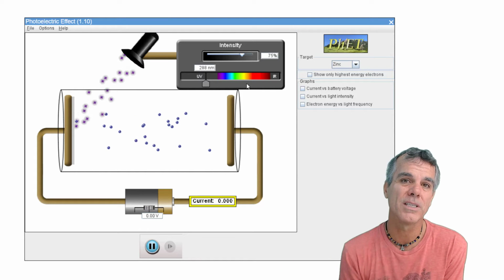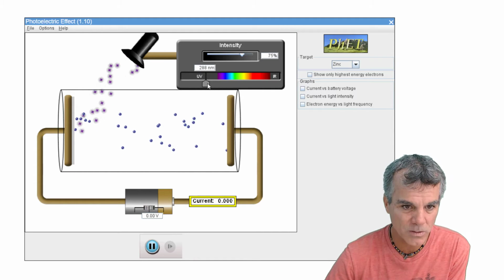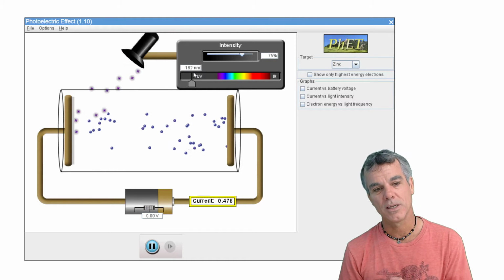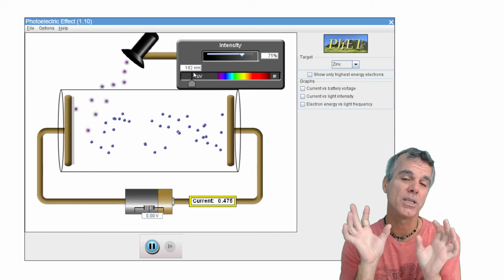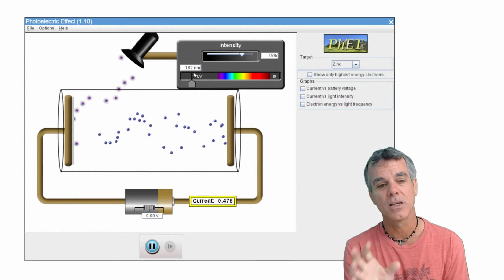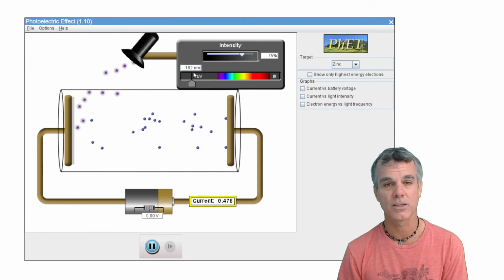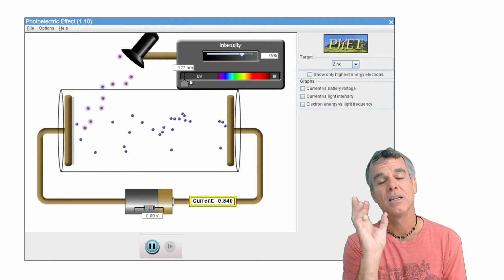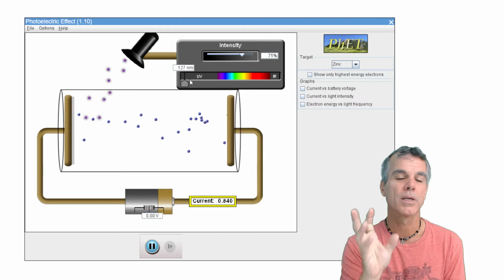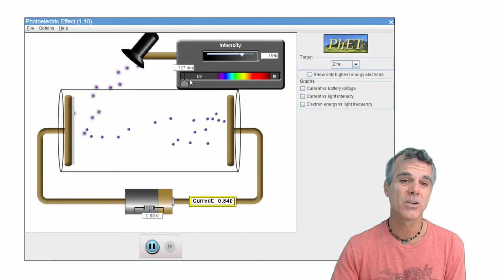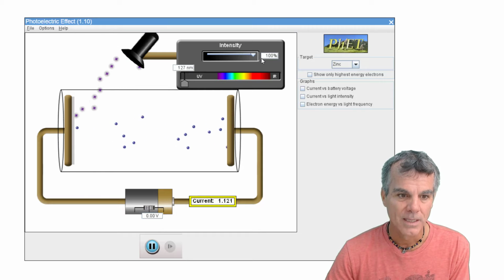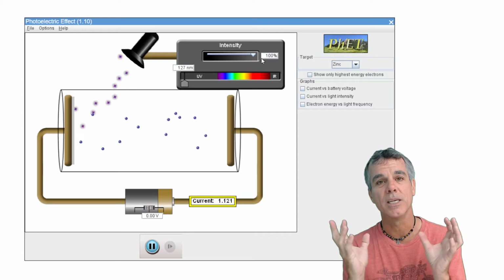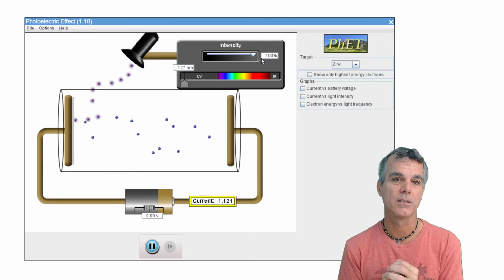If I increase the energy of the light by decreasing the wavelength, now the light has more than enough energy to eject electrons, and the excess energy above the work function can go into the kinetic energy of the ejected electrons. So as I increase the energy of the light, the electrons are ejected with more kinetic energy. And increasing the intensity does not result in more kinetic energy, it just results in more ejected electrons.